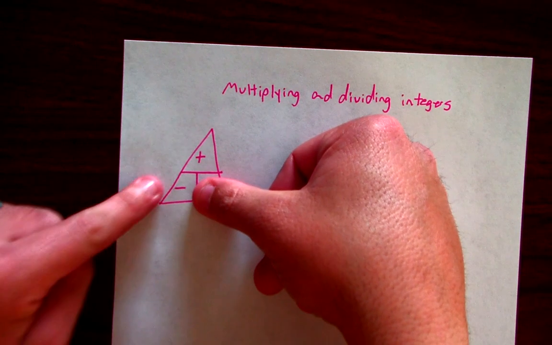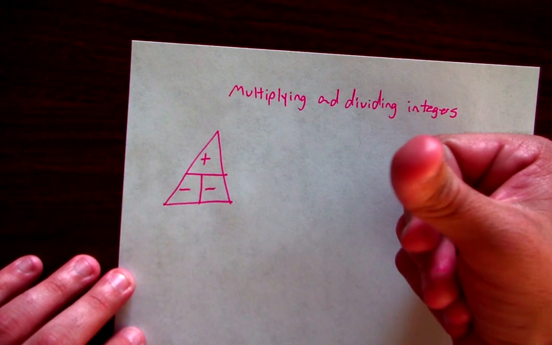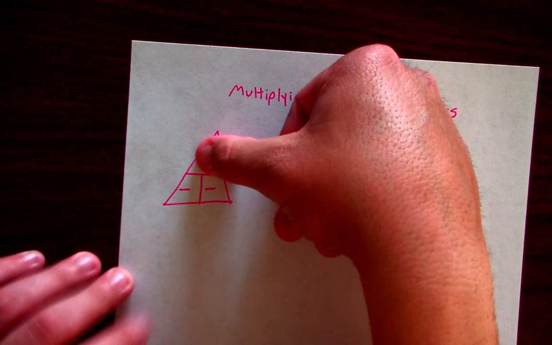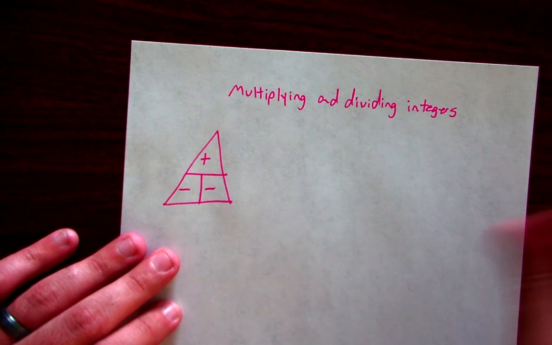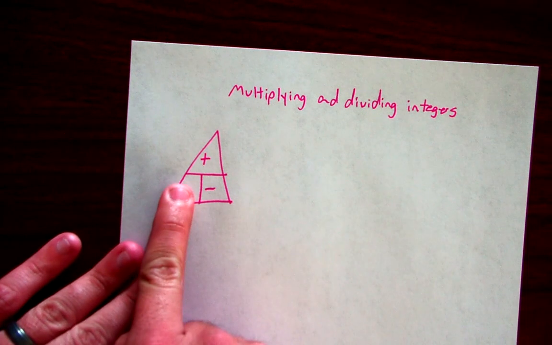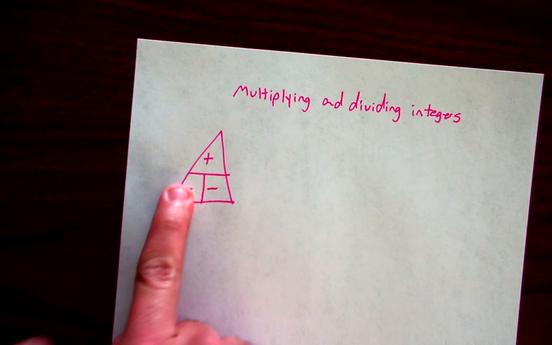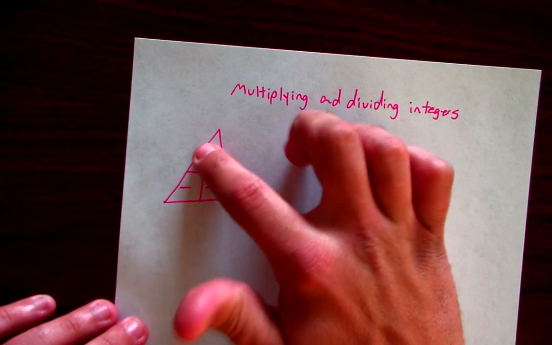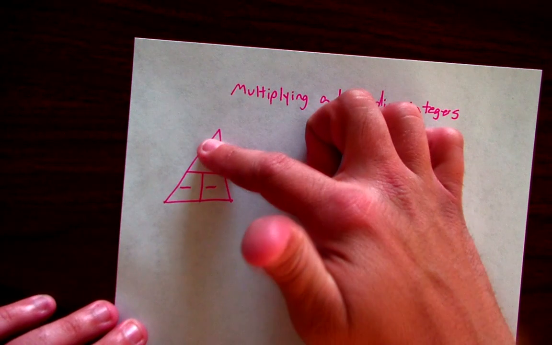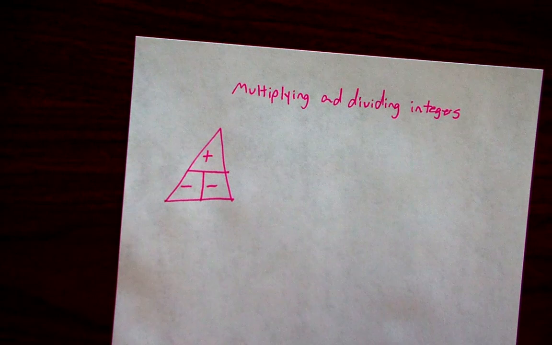A positive times a negative is a negative. A negative times a negative is a positive. Oh, what about this one? A negative divided by a positive is a negative. A negative divided by a negative is a positive.